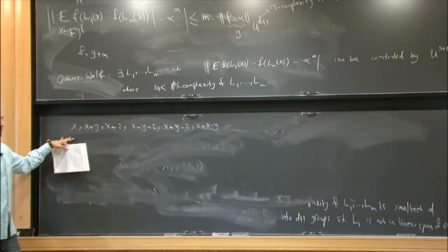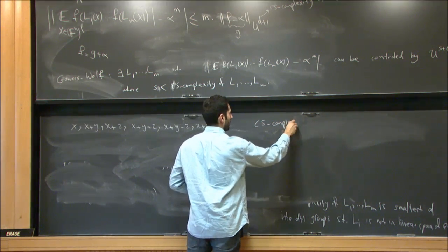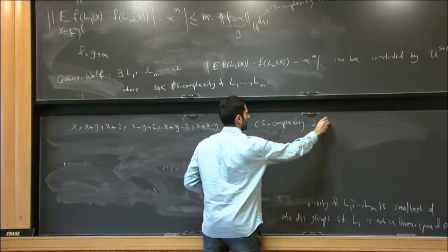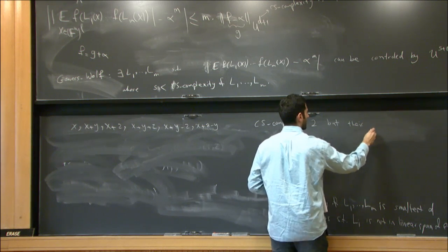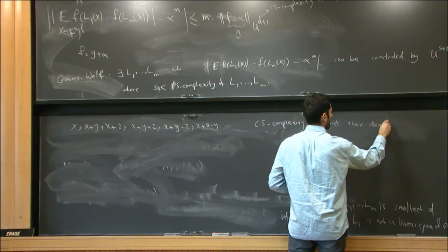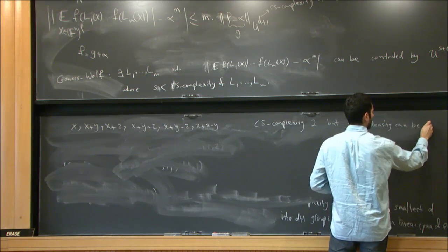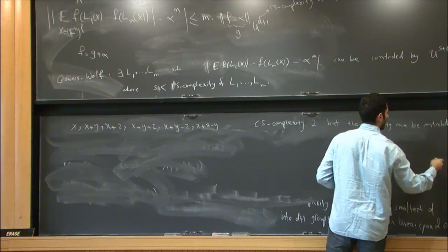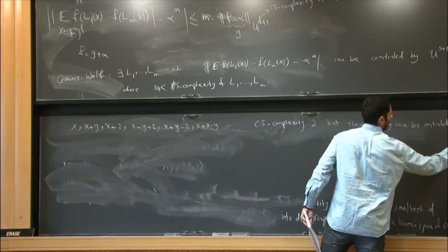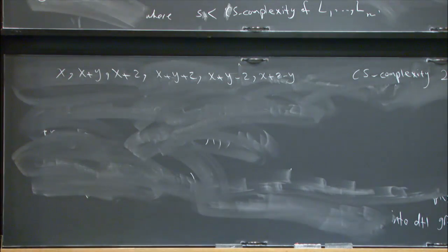And this will have a Cauchy-Schwarz complexity of two, but their density, they showed, can be controlled by the U2 norm. And the Green-Tao theorem uses the U3 norm to control such a thing.